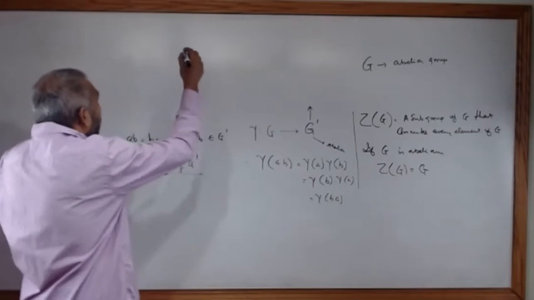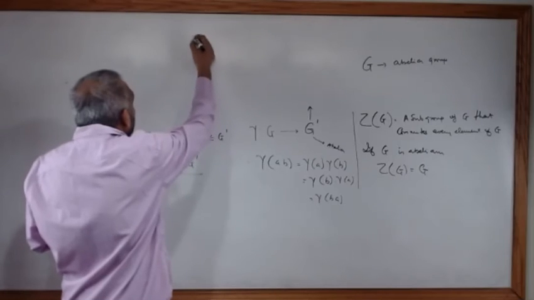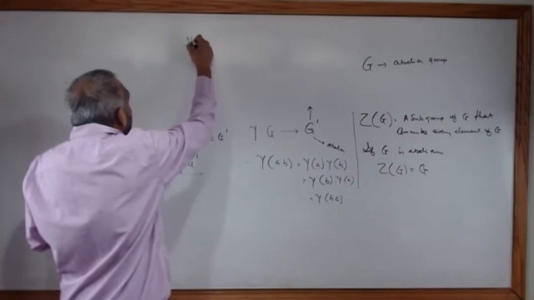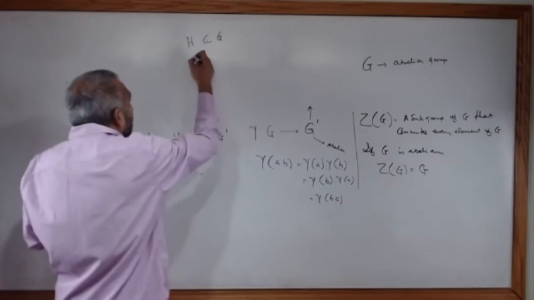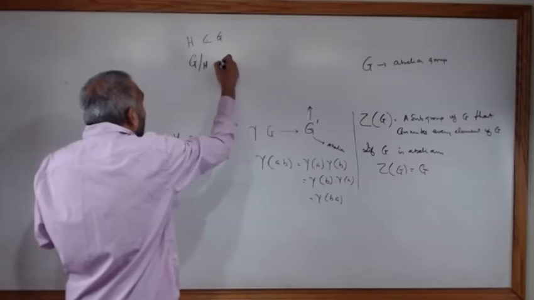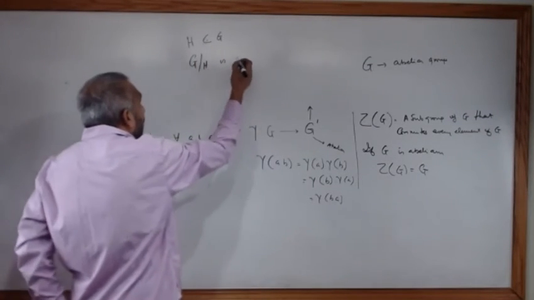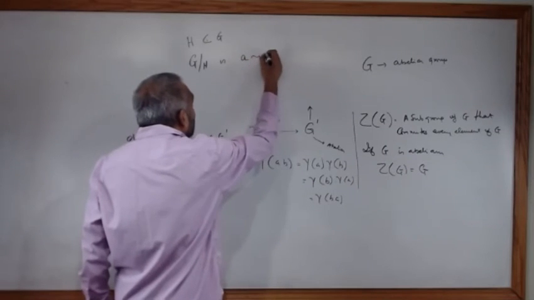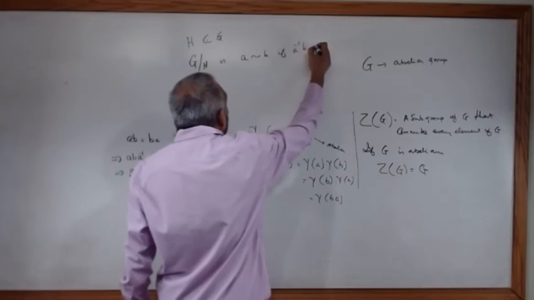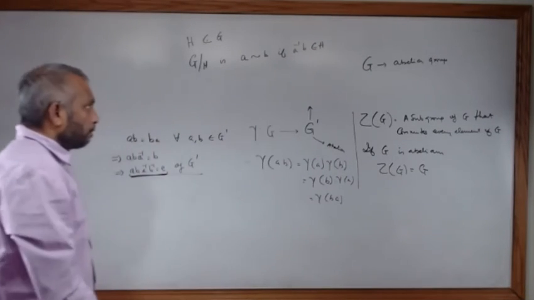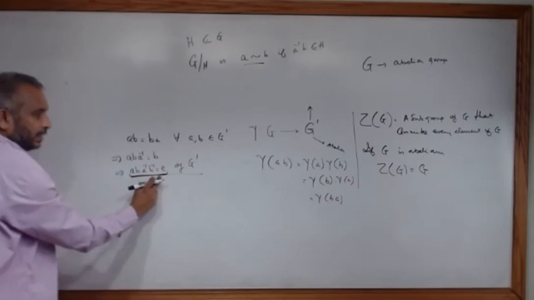See, what is the definition of coset? If H is a subgroup of G, G over H is the left or right cosets of H, which is defined as A is related to B if A inverse B belongs to H. So there is a relation here, and that is the kind of relation you are getting here.